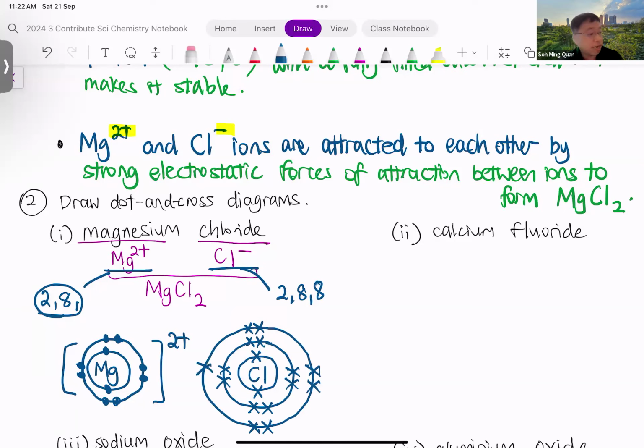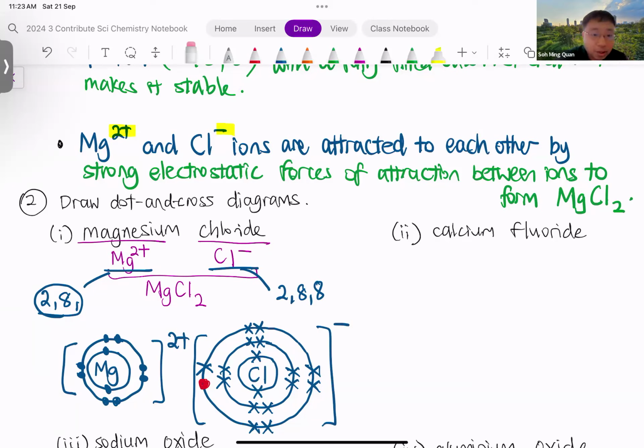But this is where you have to be careful. You know that Cl- had gained 1 electron. That 1 electron gained is from a metal. It's from another element. So the electron gained did not belong to chlorine. And therefore, that electron which is gained has to be in a different symbol, the dot. So this is Cl-.